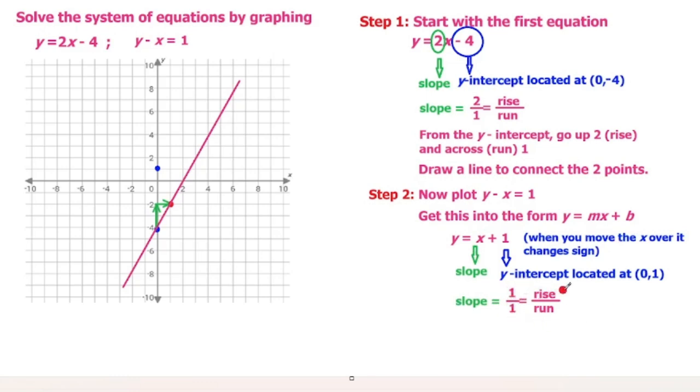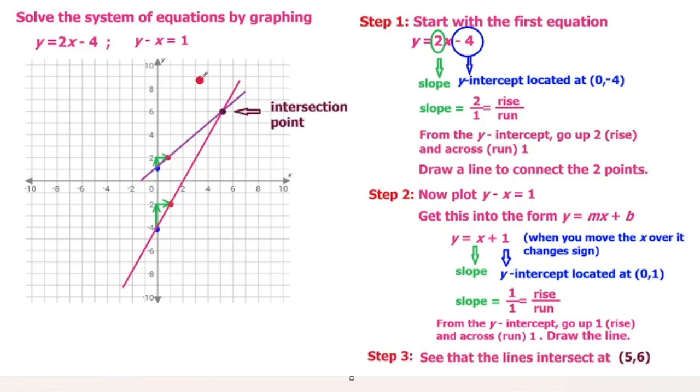So our rise is 1 and our run is 1. If you use arrows, it would look like this. Rise 1, run 1, and that's our point there. Now we can just draw the line through those two points, and this is how it looks.